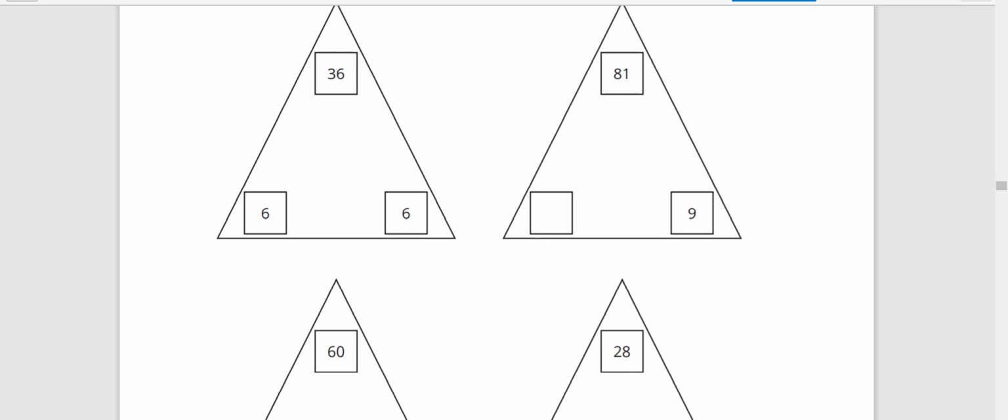These two factors, what times 9 equals 81? By keeping the times table, 9 times 9 equals 81.